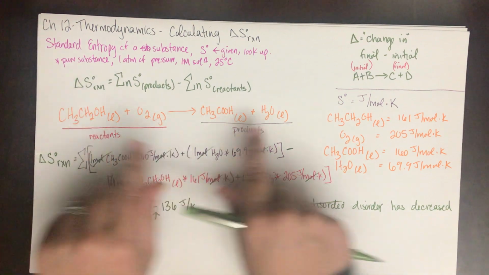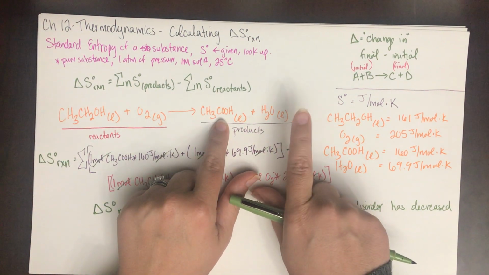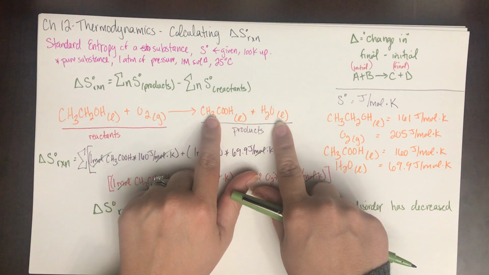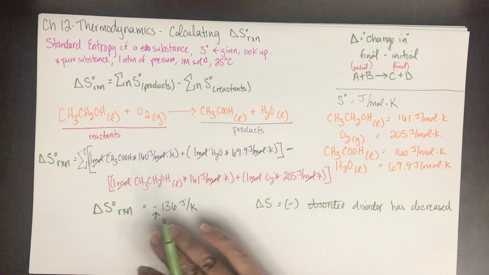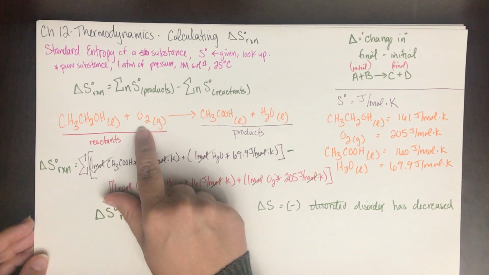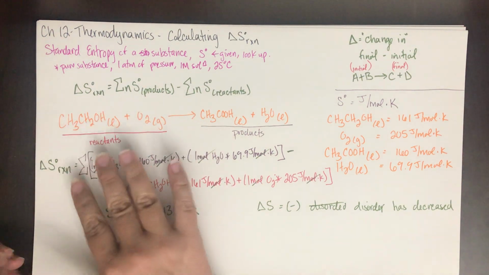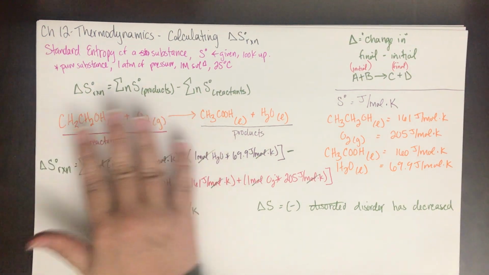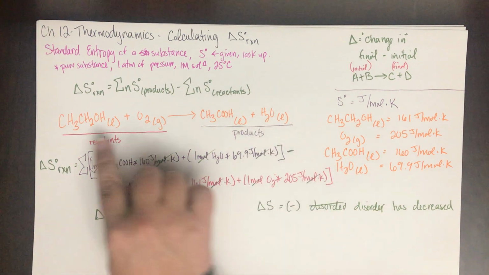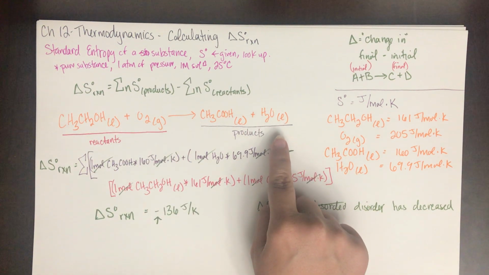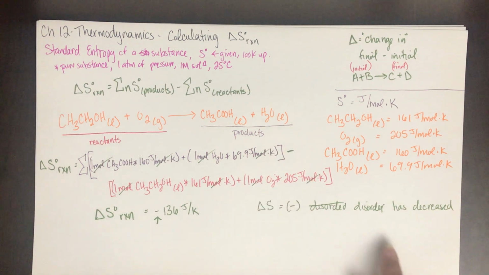On this side of the reaction, we have 1 mole of liquid, 1 mole of liquid, 2 moles of liquid. So yes, disorder has decreased because the reactants had a mole of gas. Gas is more disordered than liquid. So the reactants were more disordered than the products. So as this chemical reaction happens, we're becoming less disordered.